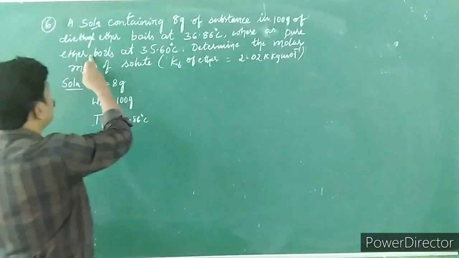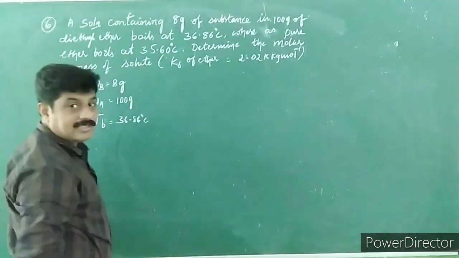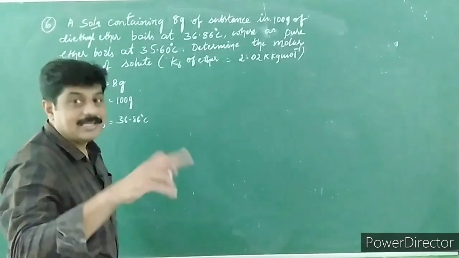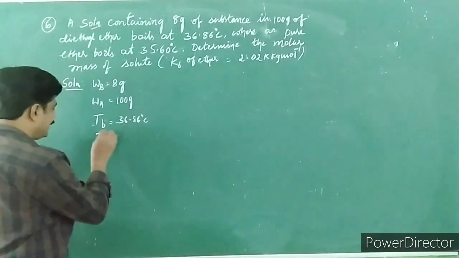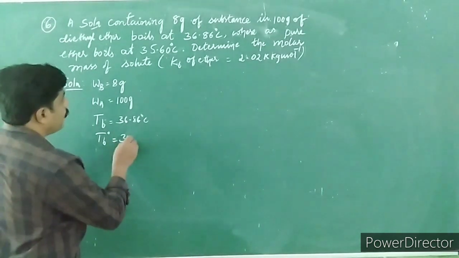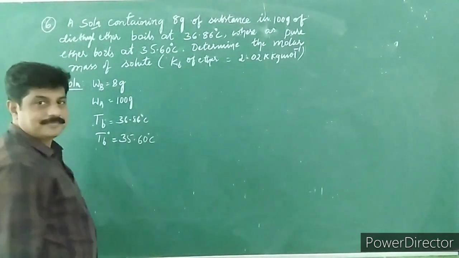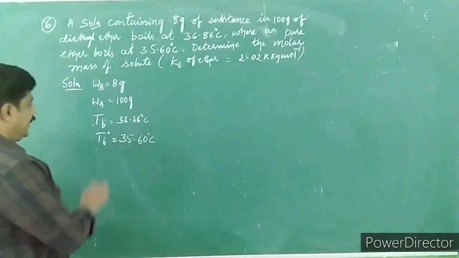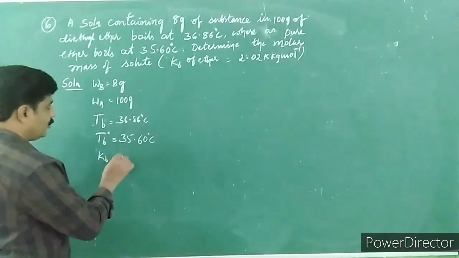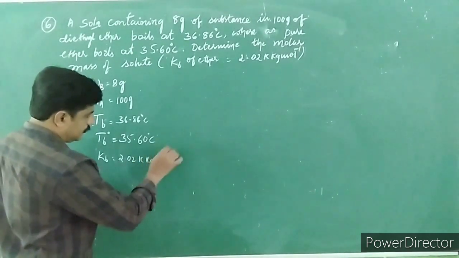Whereas pure ether solvent boils at 35.60 degrees Celsius. That means, that is TB naught, that is equal to 35.60 degrees Celsius. And what else is given? Kb is given, 2.02 Kelvin kg per mole.